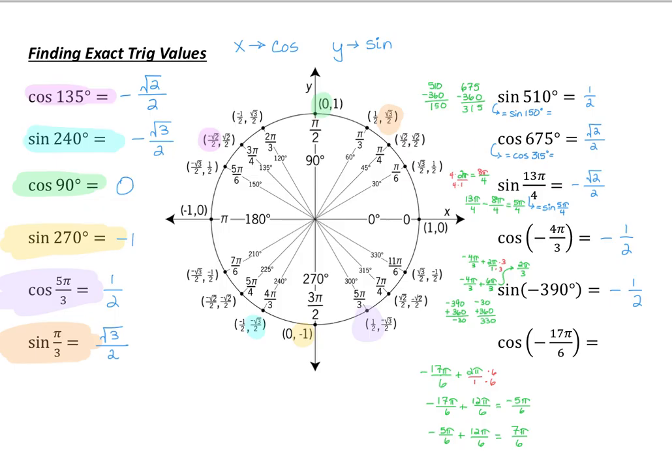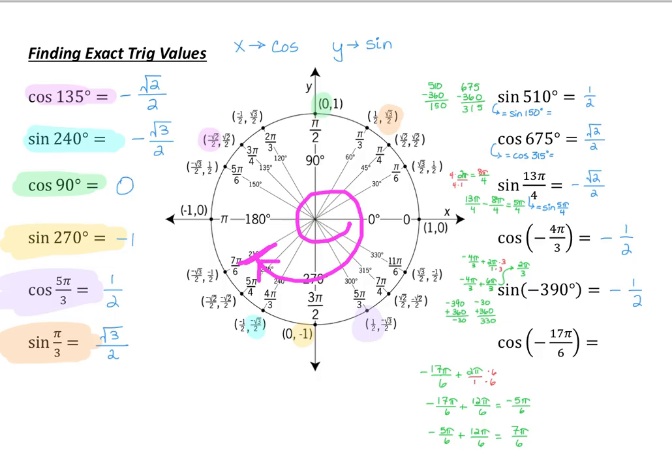And so again, either way, you can say, look, I know that a negative angle goes in this direction. This is 12 pi over 6, and then 1 pi over 6, 2 pi over 6, 3 pi over 6, 4 pi over 6. Another 5 pi over 6 gets me to here. That's one way of doing this.